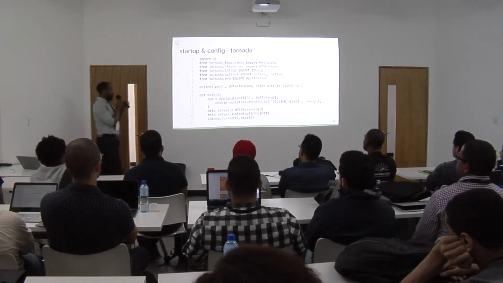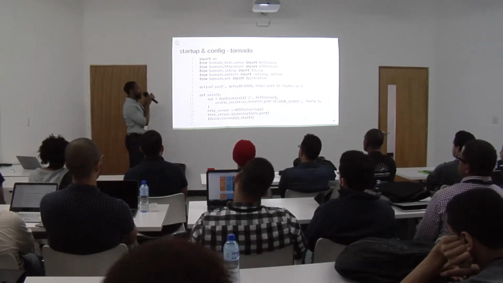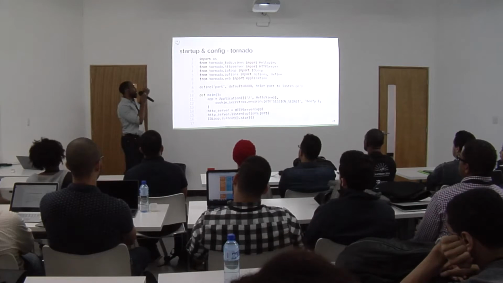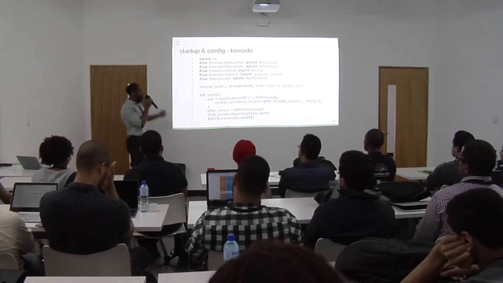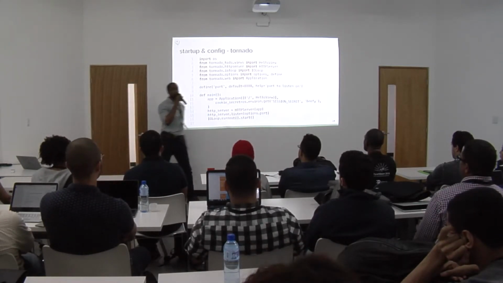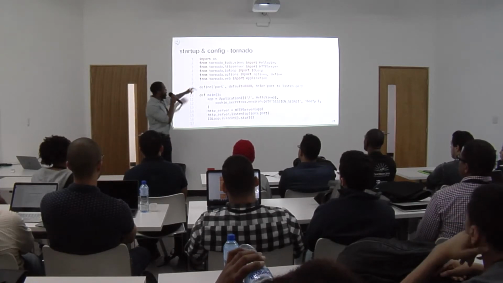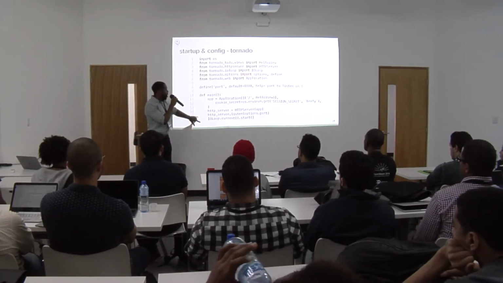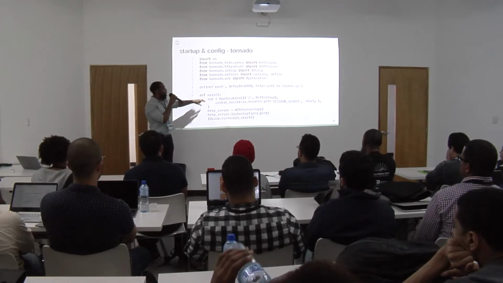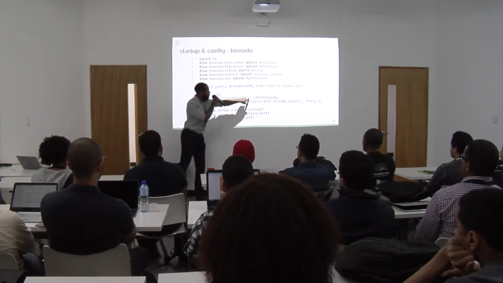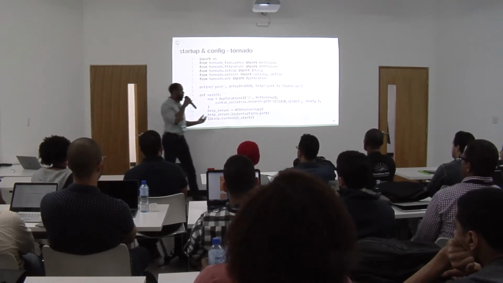So here's a fairly basic Tornado application, start to finish, except I didn't include the view here, but it's the same sort of deal where it's just like a hello world. And so I say, here's my port, here's my main running function, and when this function runs, it's going to set up an application object with all my routes connected to my views in this way instead of being decorators.